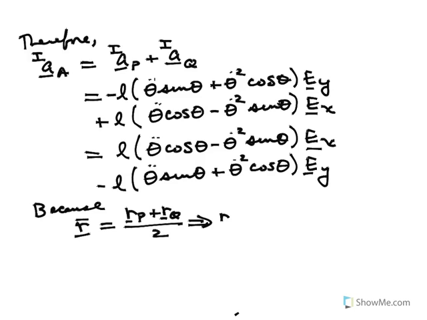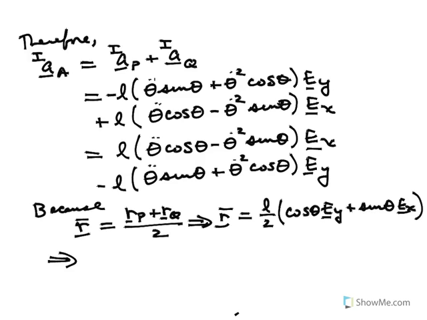That implies that r bar is equal to L over 2 times sine theta Ex plus the cosine of theta Ey.